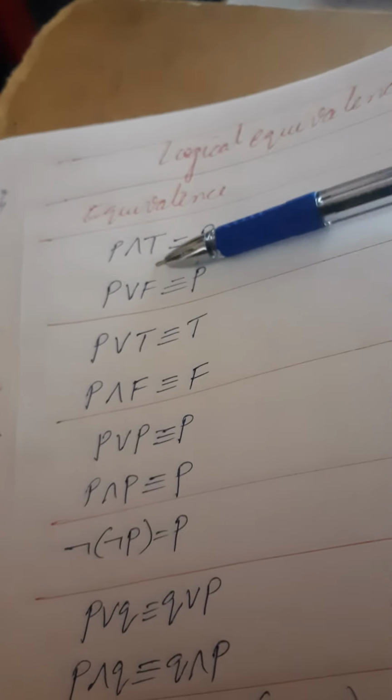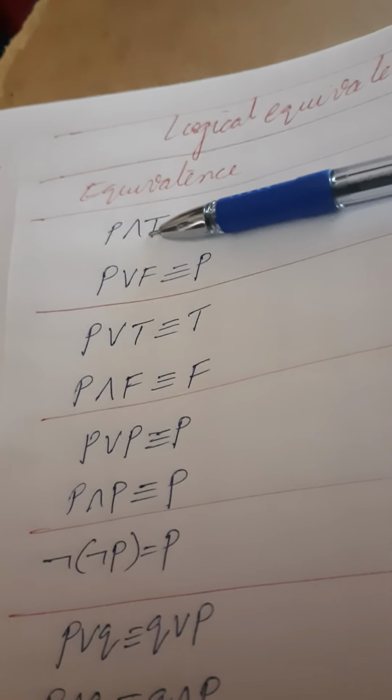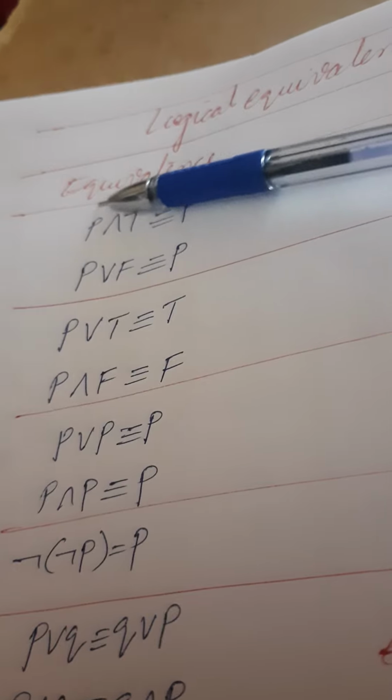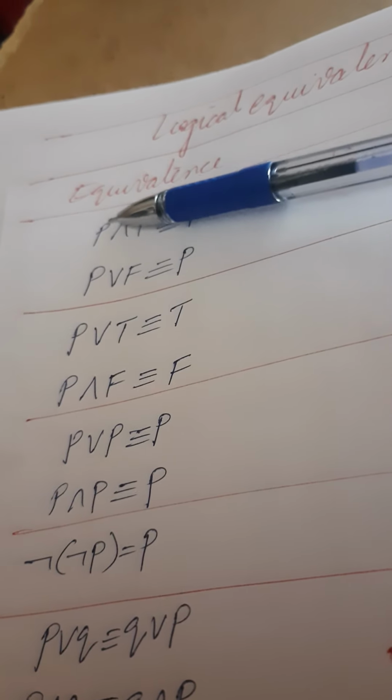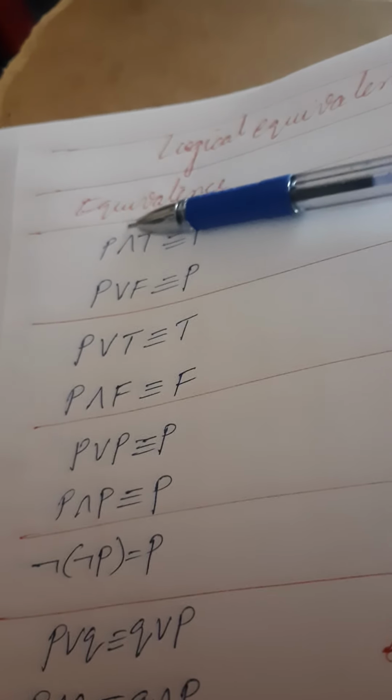How can we easily understand? Suppose we take P equal to 0. 0 intersection T, what is false intersection true, means false only.